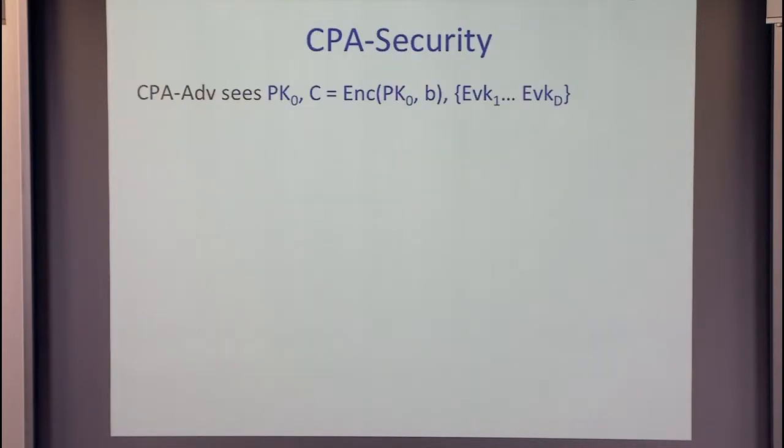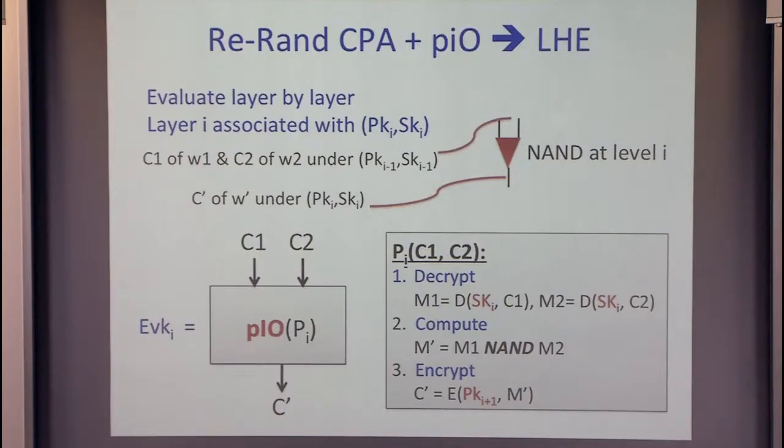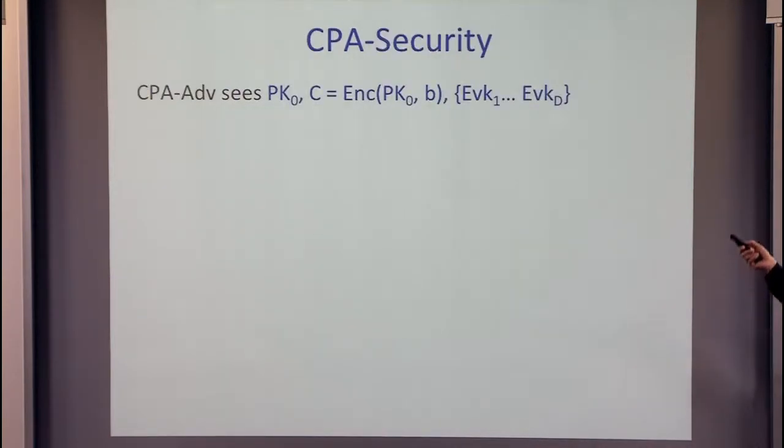So now think about the adversary. What the system is going to release in the end is the public keys, and then the adversary at some point is going to get an encryption of some random bit b, and, as a part of the system, a list of evaluation keys, one per layer. Okay?